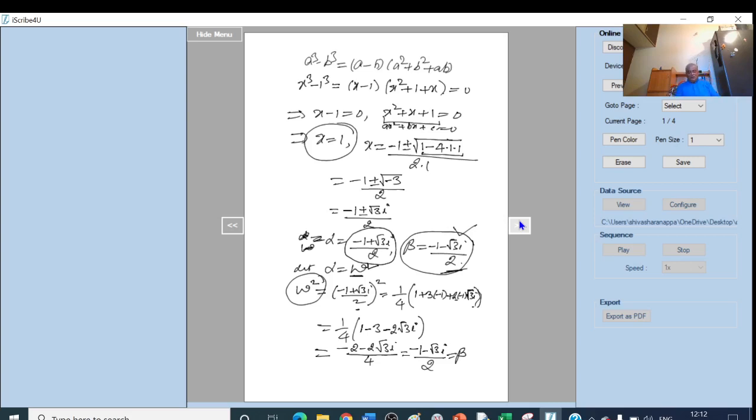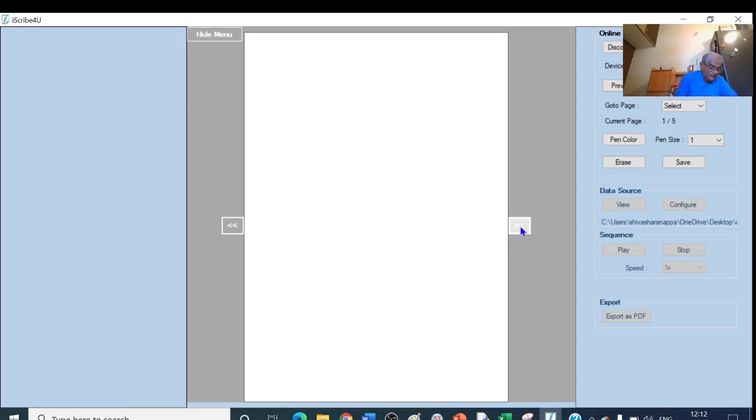That means 1, omega, omega square are the cube roots of unity. So G is equal to {1, omega, omega square}. These are the cube roots of unity. That means 1 cube equals 1, omega cube equals 1, omega square cube is also equal to 1.